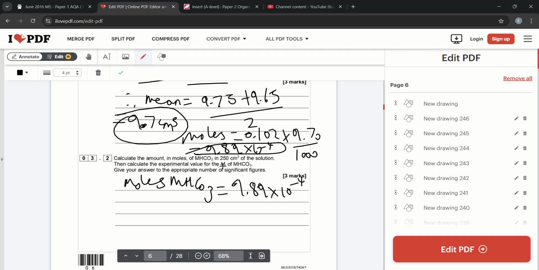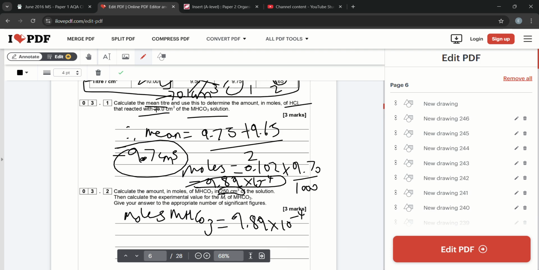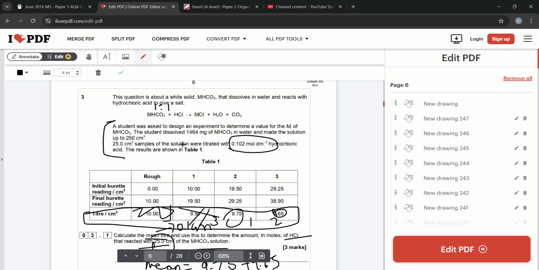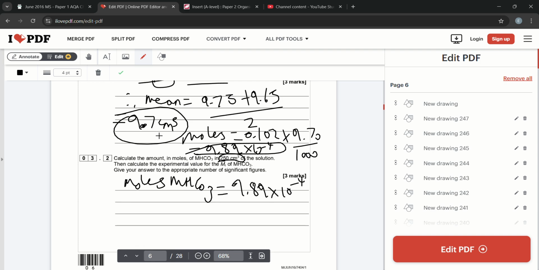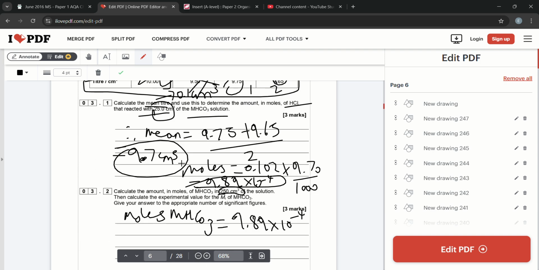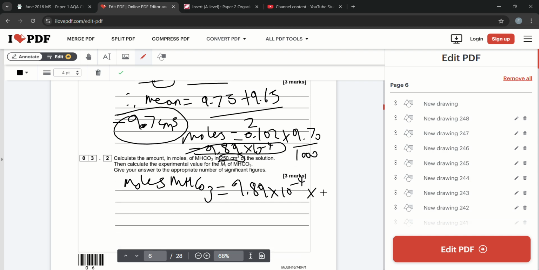However, it wants it in 250 centimeters cubed solution. This was in 25 centimeters cubed solution. So the moles is still 1-to-1, but in order to get the moles of MHCO3, we take the moles of HCl, because that was in 25 centimeters cubed solution, and just times it by 10. Because how do you get from 25 to 250? We just times by 10. So that will give me 9.89 times 10 to the power minus 3 moles.